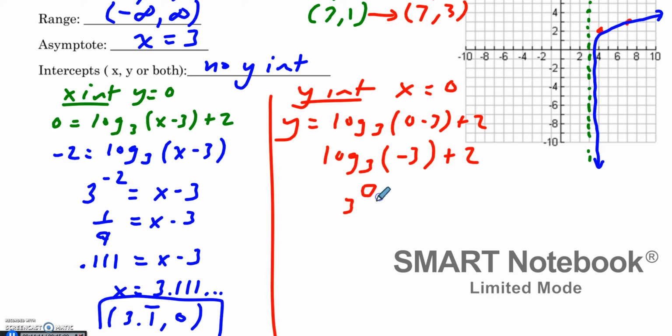Is 3 to the anything equal negative 3? No, because 3 to the first is 3, 3 to the 0th is 1, 3 to the negative first is 1/3. I can never get a negative, and you might remember for some equations that I cannot plug a negative back in. So that's another reason, because this is not possible, why there's no y-intercept. So even if you don't get the graph on the test, you could still prove that there's no y-intercept by using log logic or exponential logic.